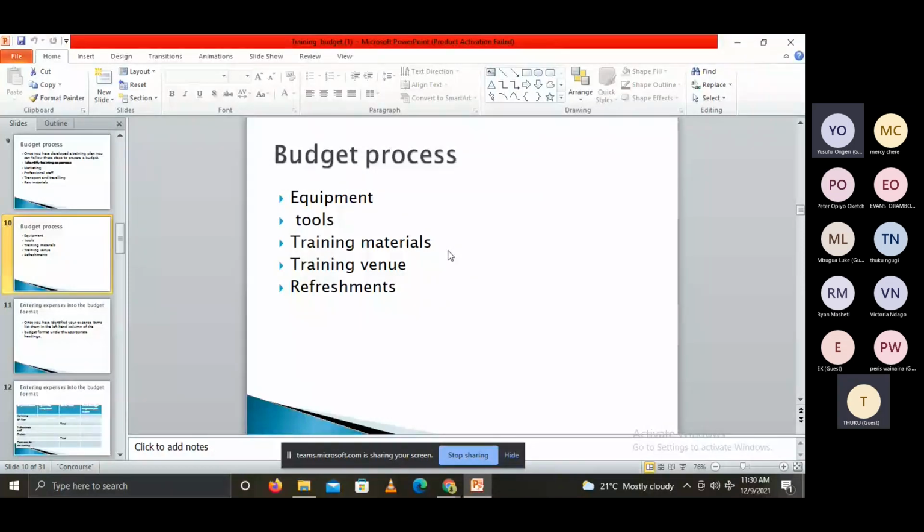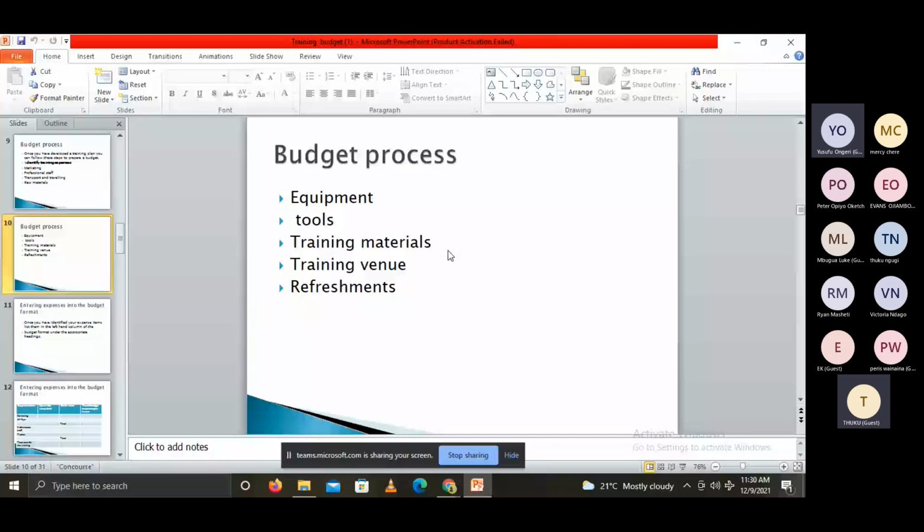How much is it going to cost you for the training venue? Are you using your own venue or are you going to hire one? If you are going to hire, what is the cost of hiring? Refreshments: are there going to be refreshments? Things like water or other essential services in the form of refreshments.